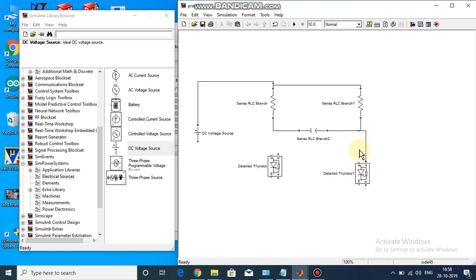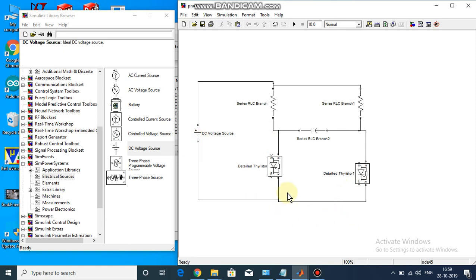This is the anode, so the anode should be connected to the terminal. Okay, so we have all our connections.